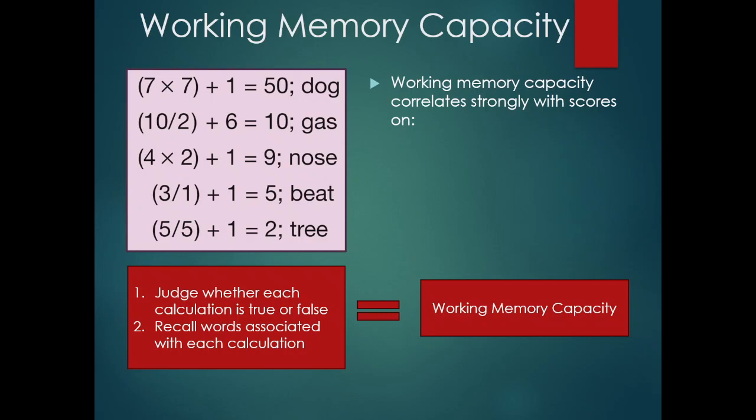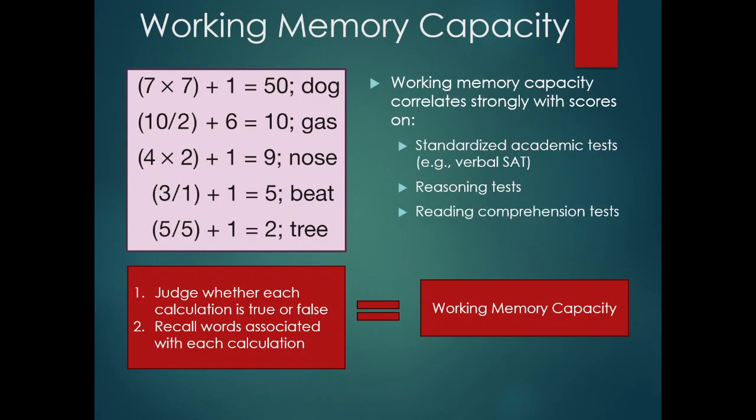So if we have a strong correlation between working memory capacity and, let's say, verbal scores on the SAT, that means that having a bigger working memory capacity score is associated with having a higher verbal SAT score. It also correlates well with other kinds of reasoning tests. There's all sorts of cognitive reasoning tests on the market, and typically people with larger working memory capacity tend to score higher on reasoning tests.